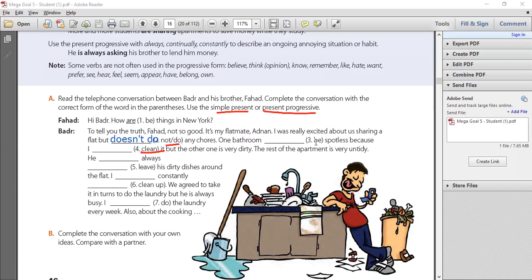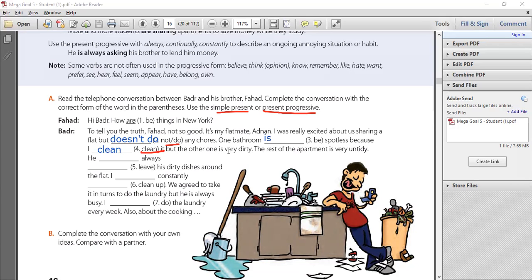One bathroom, and then you have the verb to be, spotless, because I clean it, but the other one is very dirty. Yes, Manar. One bathroom is spotless, but because you have the verb clean, Raneem. Clean, yes, clean as it is. Very good.